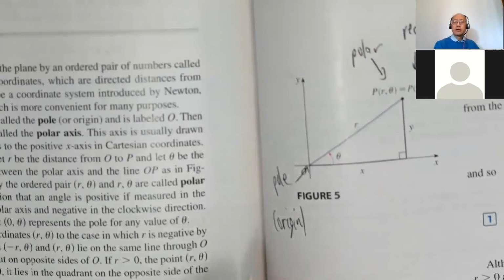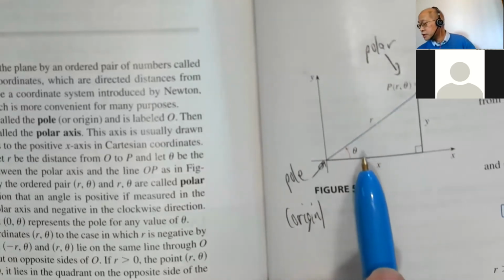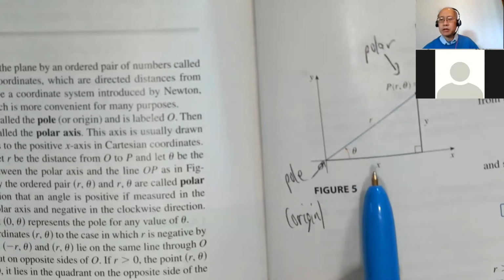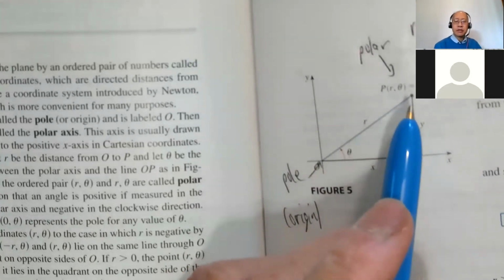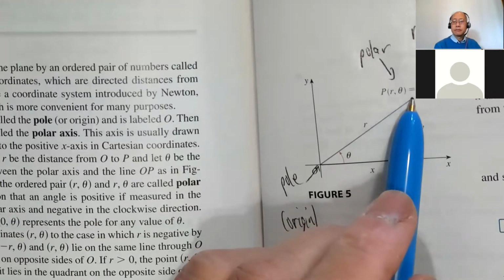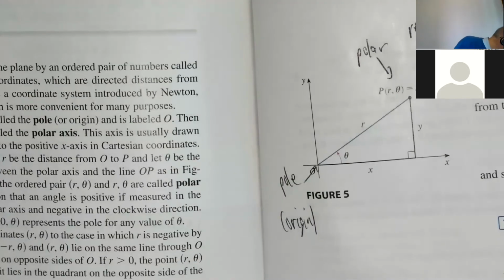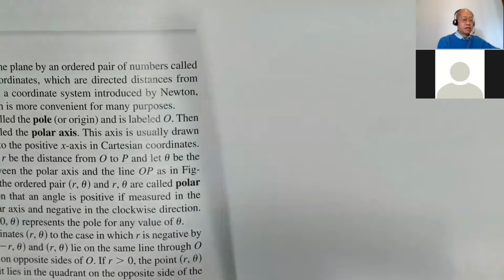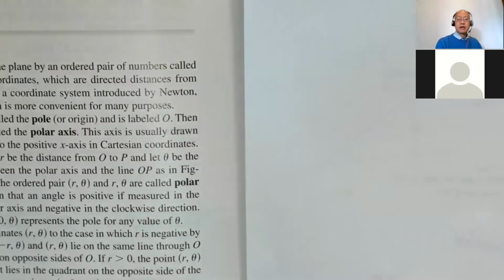All right. Now, there is one thing that's a little bit unusual about polar coordinates, and that kind of fouls us up a little bit. If I pick a point in the xy plane, there's only one way I can label it. Make up any point like that.